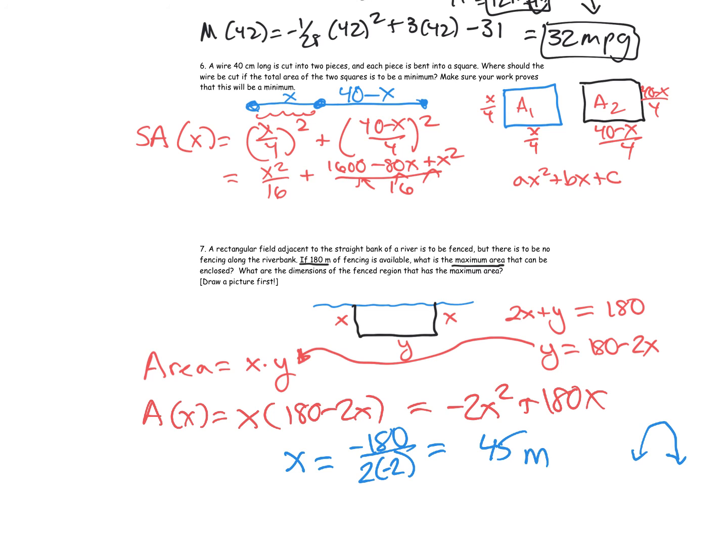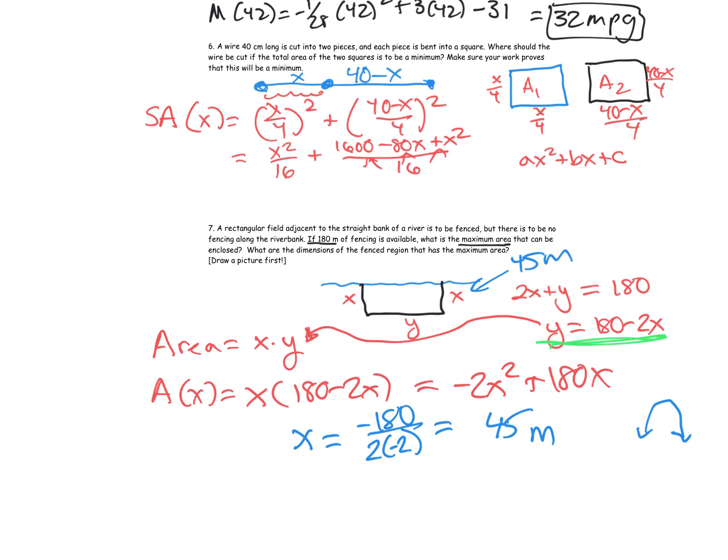Meters. So the x dimension I've just found is 45 meters. Now to find the y dimension, I'm not plugging it back into the area equation because that will give me the max area. To find the y dimension, I go back to the relationship between x and y. The y dimension then is y equals 180 minus 2 times 45, or 90 meters.